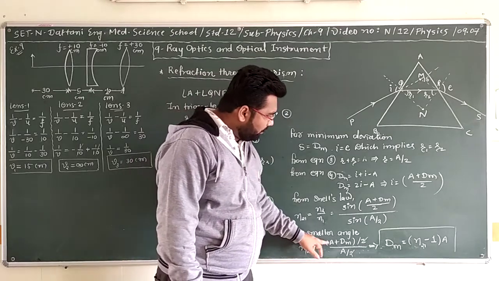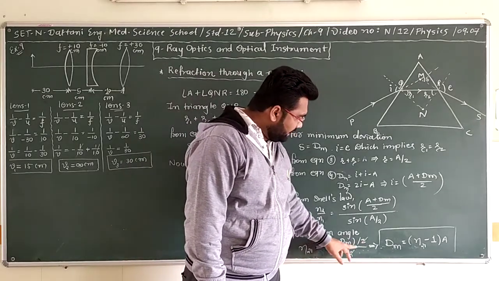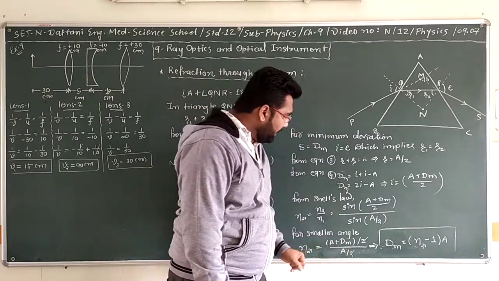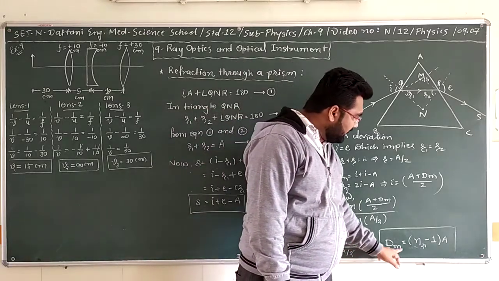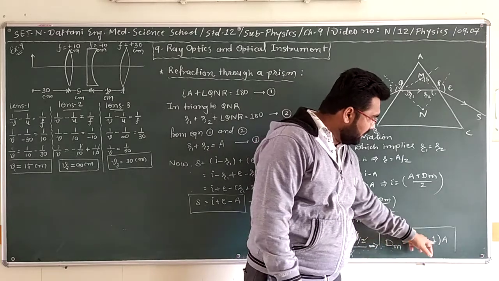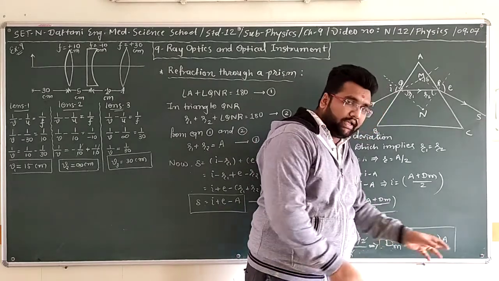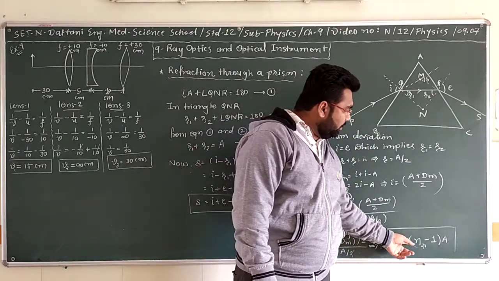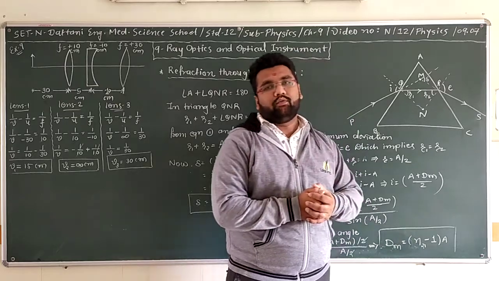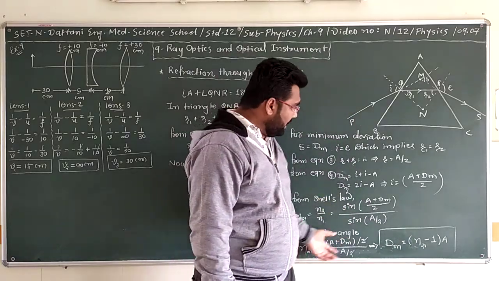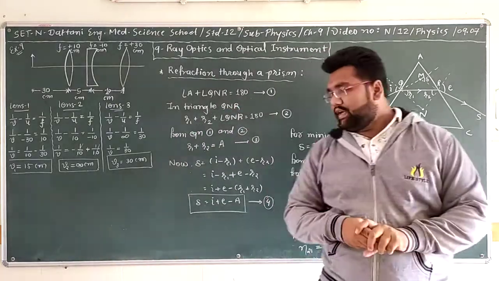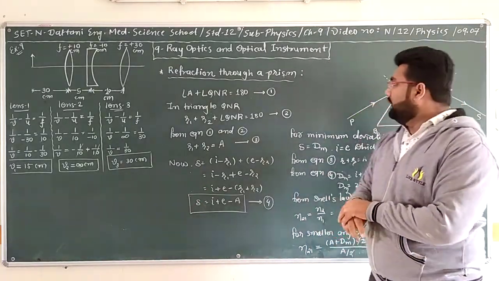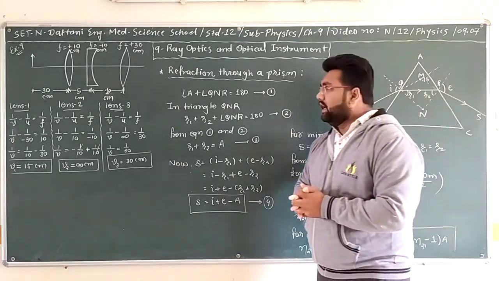So n21 equals (A plus dm) upon 2 divided by A by 2. So 2 and 2 will cancel, and we get the answer dm equal to (n21 minus 1) into A, or we can say dm equal to A into (n21 minus 1). So this is the value we can find for minimum deviation, and this is the value of our total deviation, which we can derive the formula for from this figure, and this is our sum.